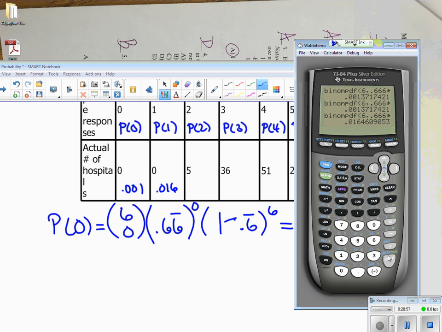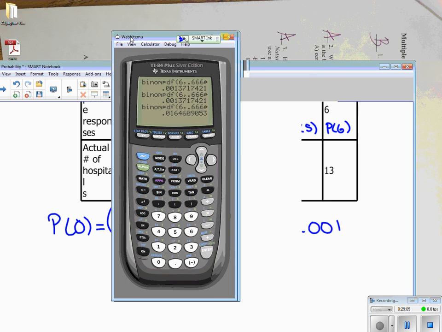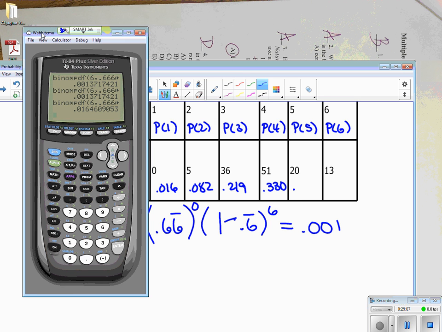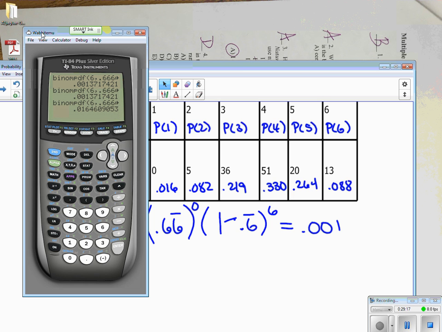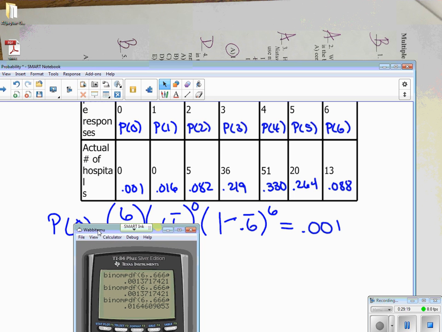I get 0.082. I get 0.219, 0.330, 0.264, and 0.088. What should all these probabilities add to? 1. So if you're ever asked to complete a probability distribution, check that. Okay? Make sure it adds to 1.